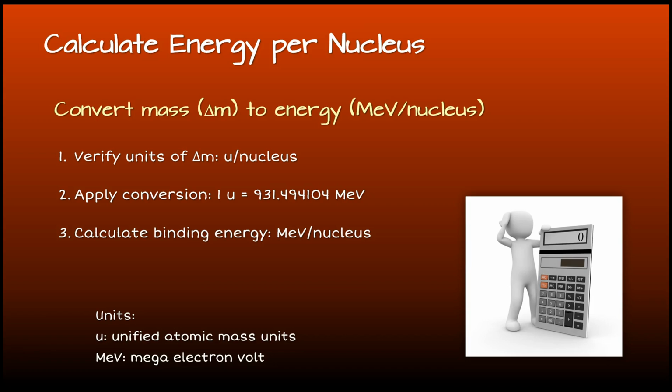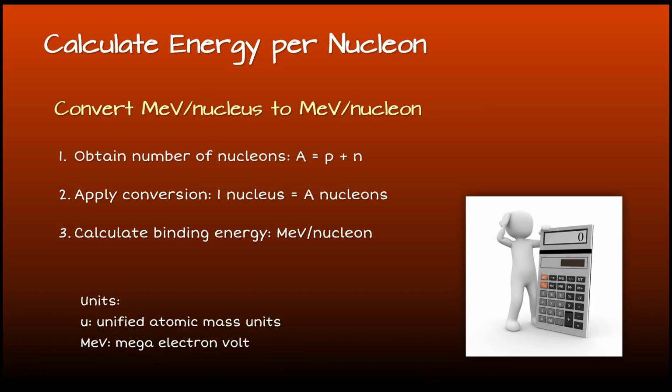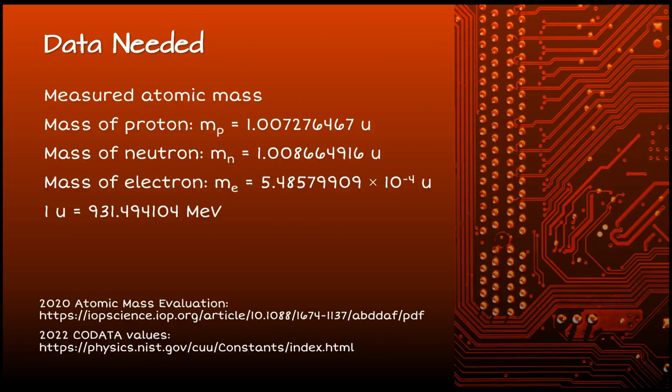When we do this calculation, our units end up as MeV per nucleus because the mass defect was for the nucleus. Our final step is to get this energy in units of MeV per nucleon, which basically means dividing by the number of nucleons. I recommend that you set this up as a conversion factor so units cancel, where one nucleus equals the number of nucleons. The mass number A is the total number of nucleons in the nucleus.